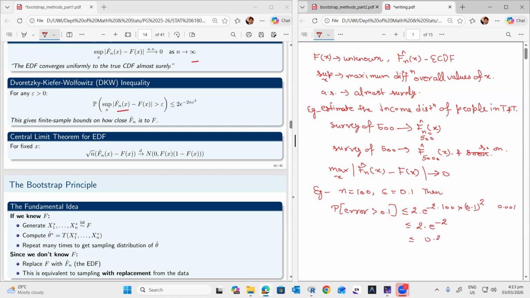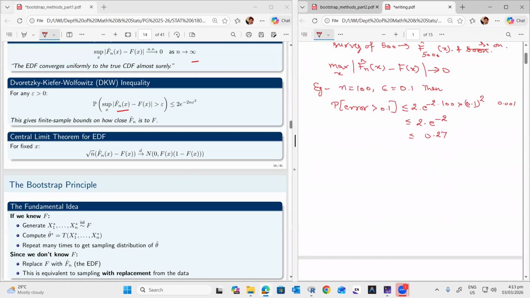0.27. But in this case, if you just increase n, you just take 500, okay, instead of 100 we are going to take n equals 500, so it becomes 2 into e raised to the power minus 2 into 500 into 0.1 raised to the power 2.